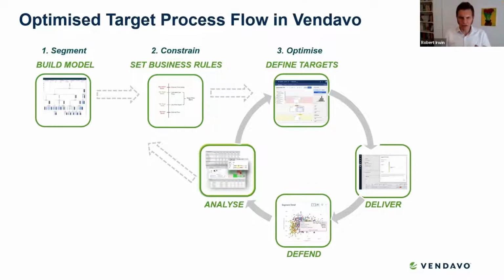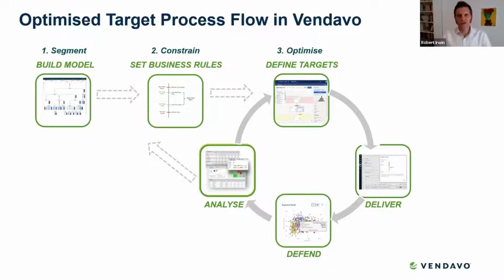We believe in a glass box model, a segmentation and rules model that leads to optimized targets that the users, both those that are building the system and those that consume the information, the sales organization, should easily understand.